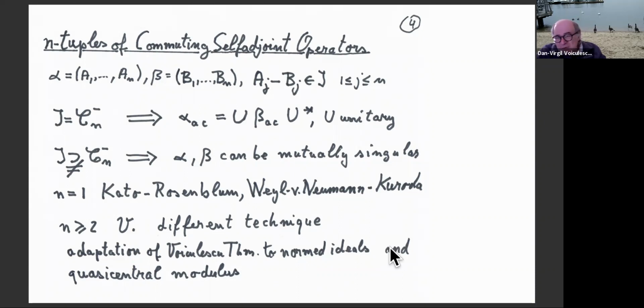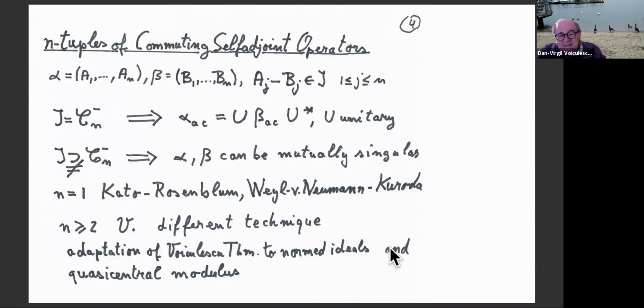So if the perturbation is in C_{N,1}, or as I denoted C minus N, then the Lebesgue absolutely continuous parts of the two N-tuples are unitarily equivalent. So this is preserved by such perturbation.